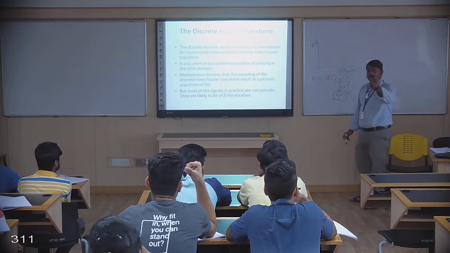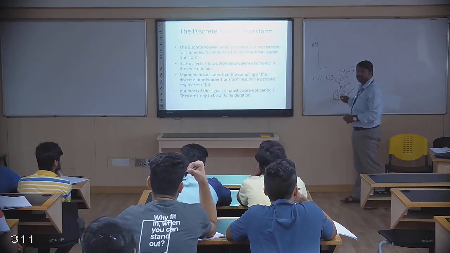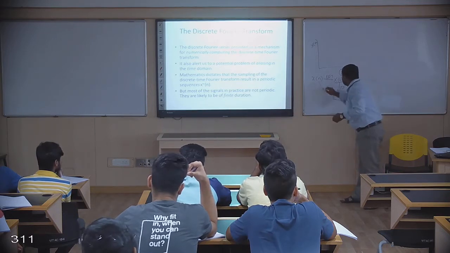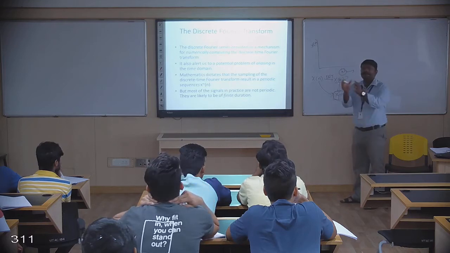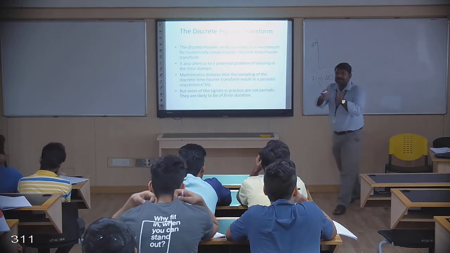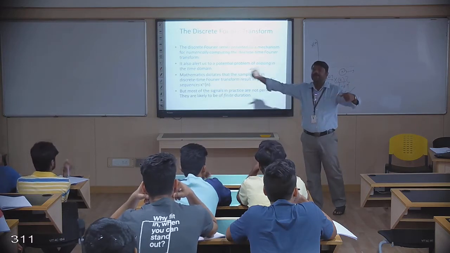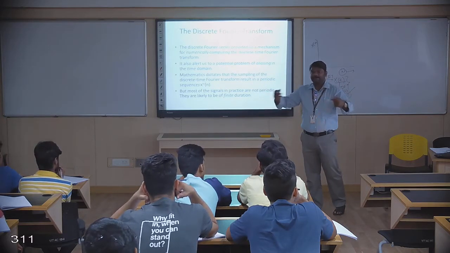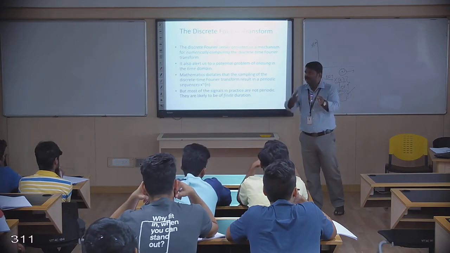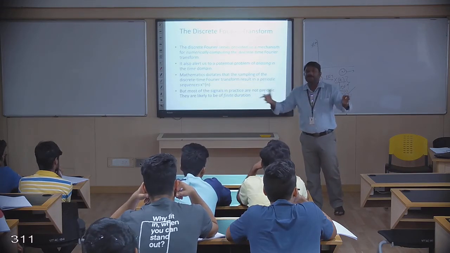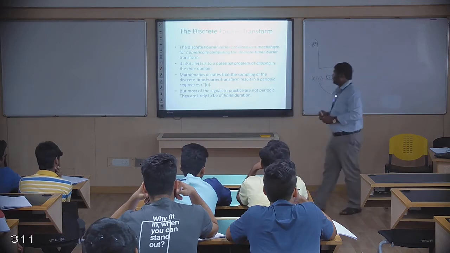Even though it is xp of n, we will be concerned only about x of n. We are not going to see outside the x of n. If you want to expand, you can expand, and that is going to be periodic. All right.